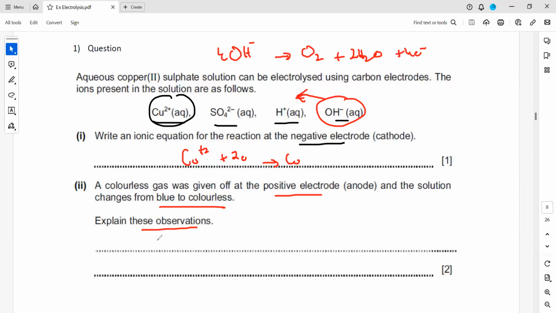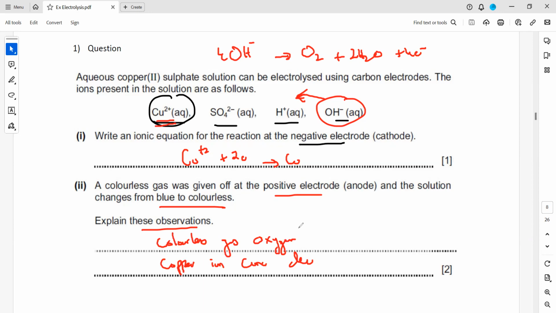So what is the colorless gas? The colorless gas is oxygen. And why did the solution turn from blue to colorless? Because the copper ions are blue in color. So the concentration or amount of the copper ion decreases in the solution as the copper ion is discharged at the cathode.